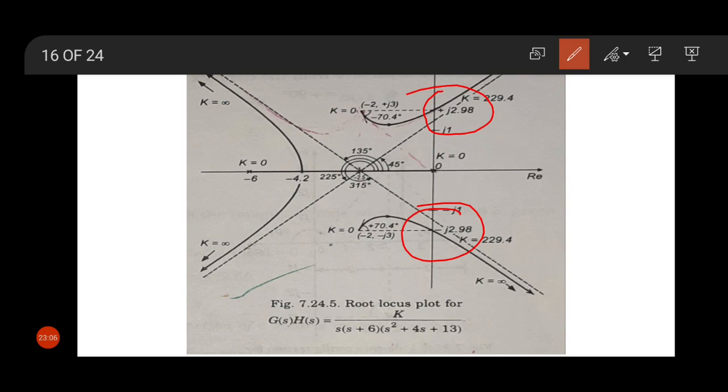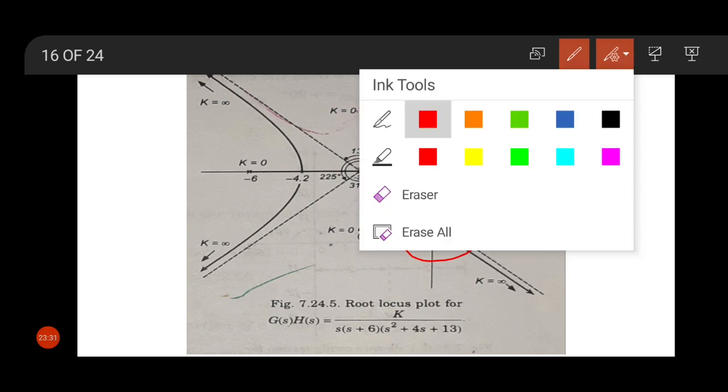Therefore the system is stable if k is less than 229.4. Okay, so this is our stability condition for the given system. Okay, thank you.